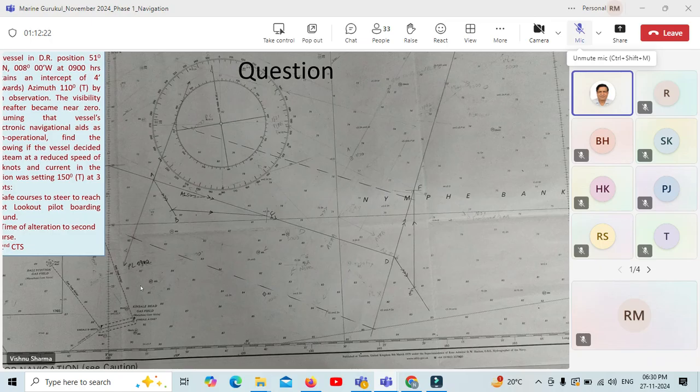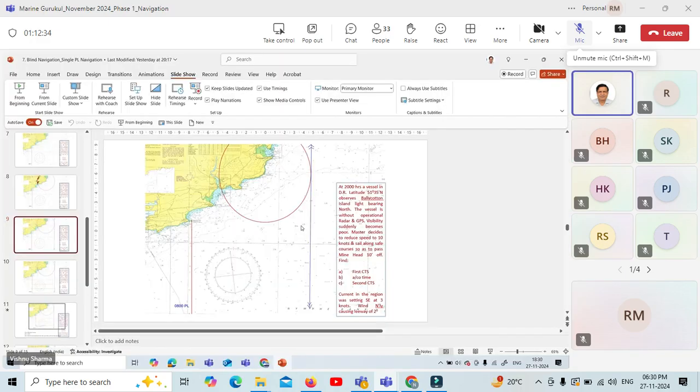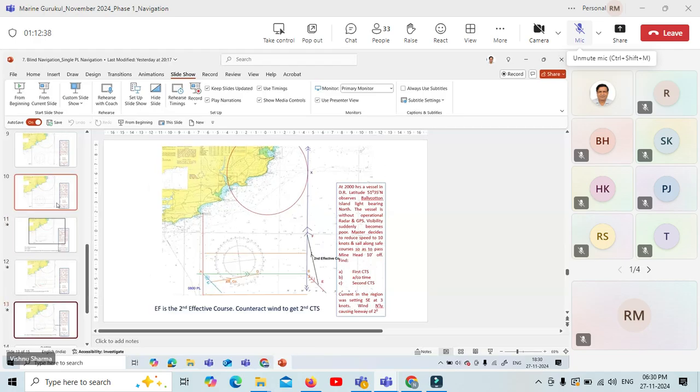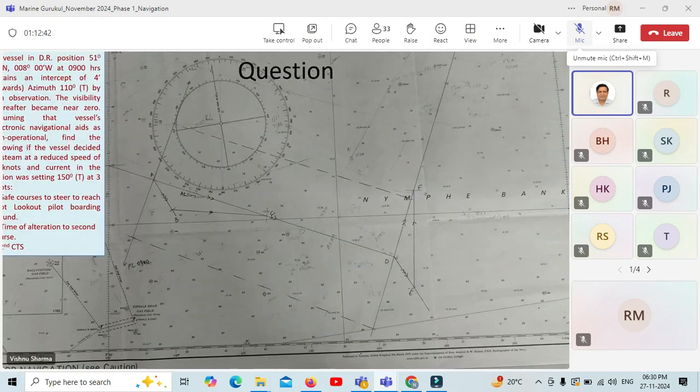Guys, this is the plot from one of the students who has shared in the last batch. You can see here what he has done. This is, I think, the DR. This is the azimuth.